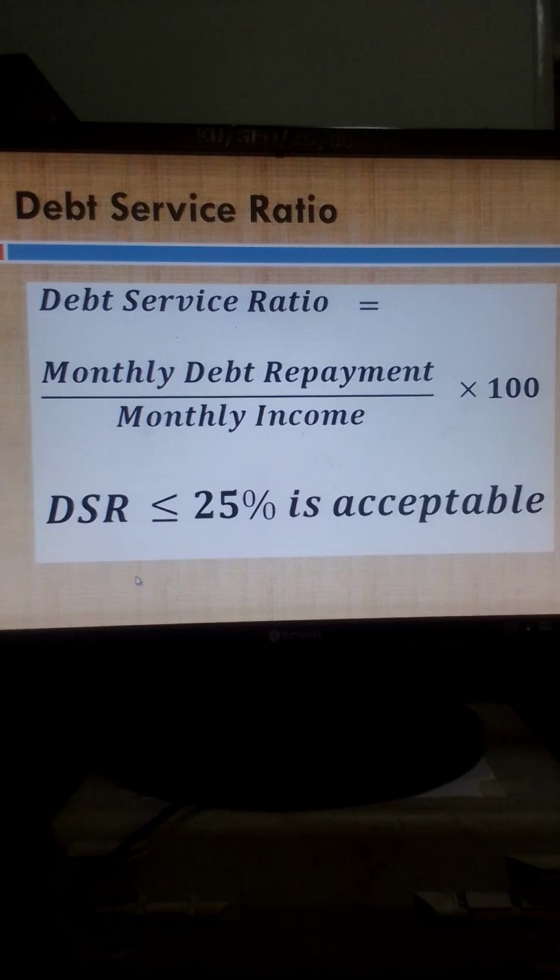Now, the debt service ratio needs to be less than or equal to 25%. If it is more than this, then your financial health is not good. So, more than this is not acceptable. Let's proceed.